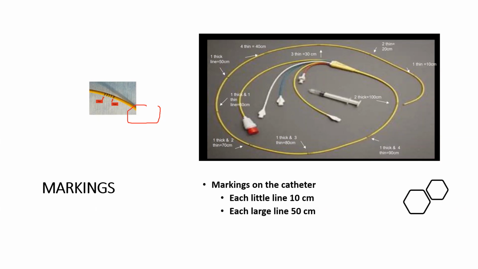Unless the catheter was repositioned, this distance at the insertion site should remain the same as during the previous shift assessment. So, for example, this would be the exit mark, and this is what you would chart as an 80 centimeter mark, for example.